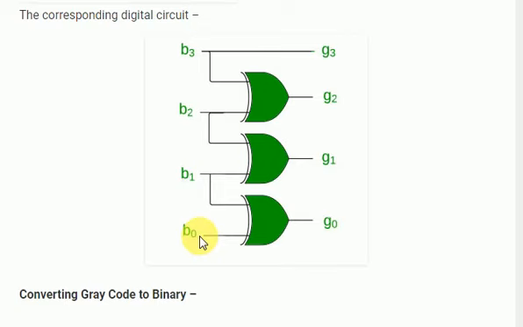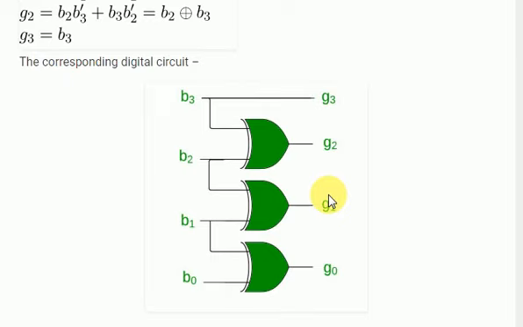And for G0 we are having B0 exclusive OR with B1, so we get the result of G0. So this is the implementation of the binary to gray code converter, and this was all about the binary to gray code converter.